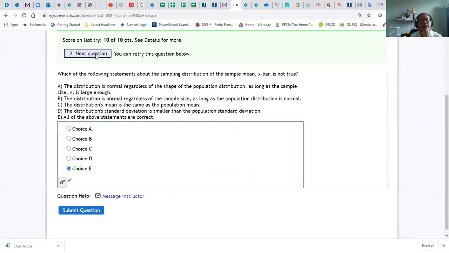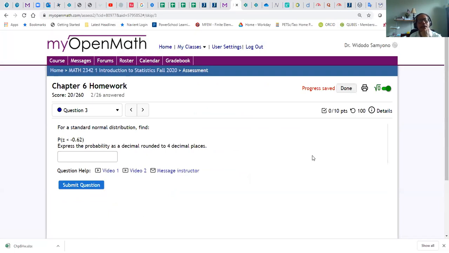Okay, so for the next question, you're looking for the probability. If you use Z here, then it is the standard normal distribution. In Excel, you need to round to 4 decimal places.